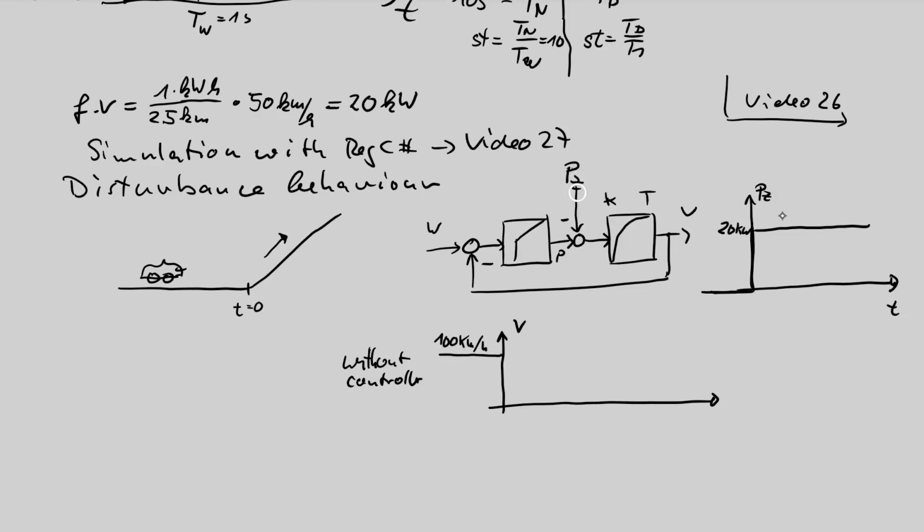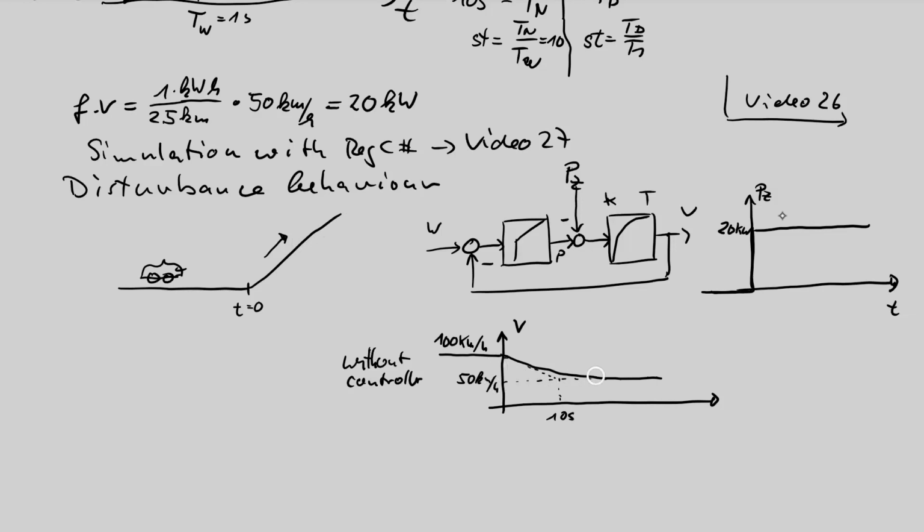Now I subtract 20 kilowatt, and you can imagine what happens after some time, after many seconds. The speed goes down with an exponential curve. 10 seconds is the time constant of the motor. The exponential curve goes down to half of the speed, because half of the power is necessary to pull the car up the hill.